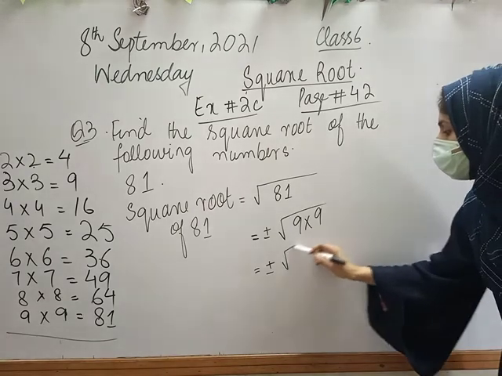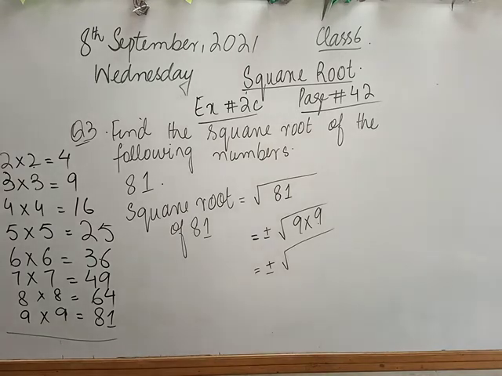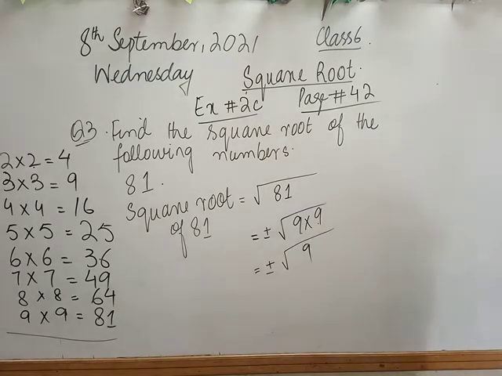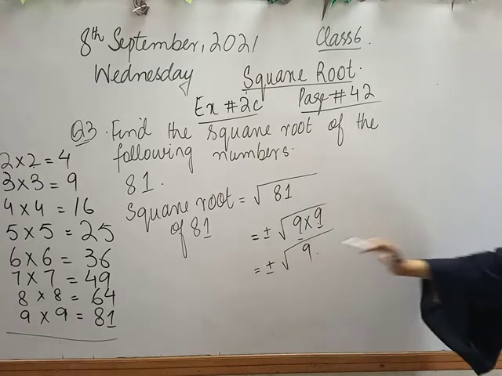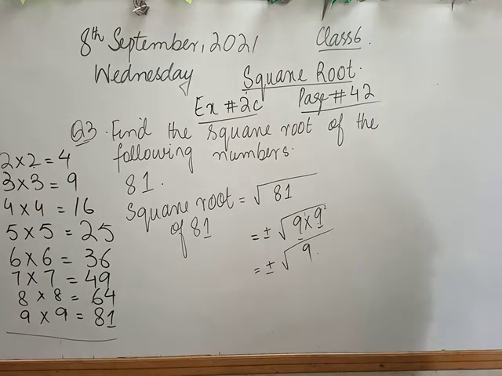Now if you look, 9 is the same number. Base is same, so you will write only one time. Fine? Like this, I will write 9 only one time. But 9 is repeating 2 times.